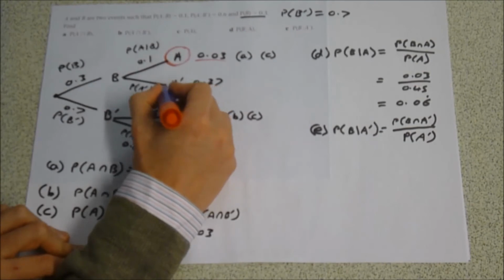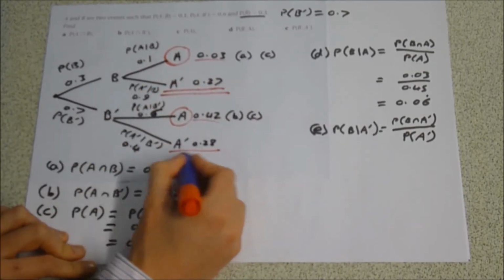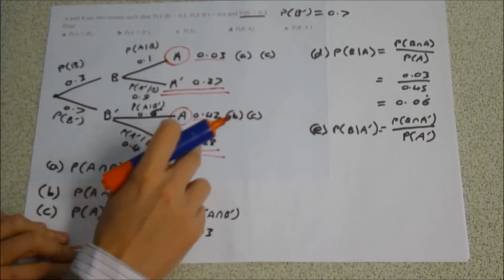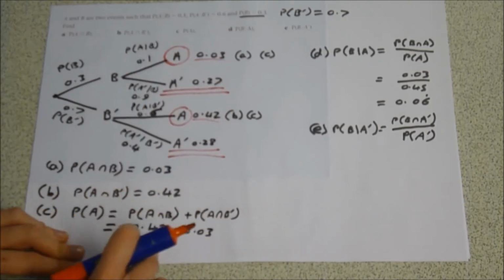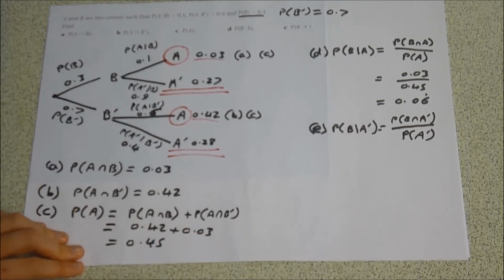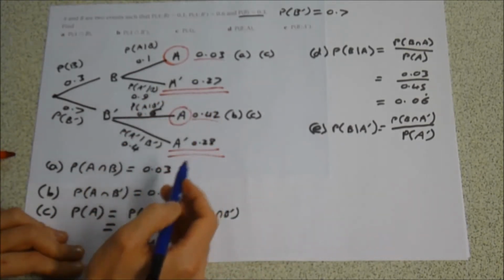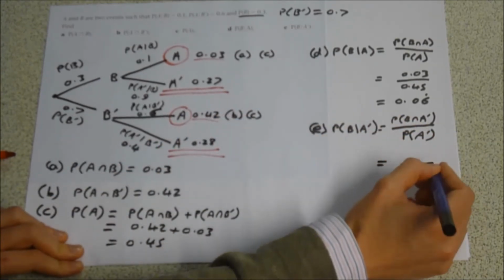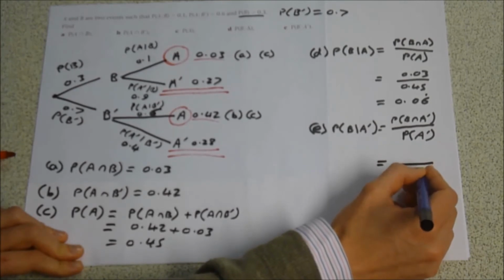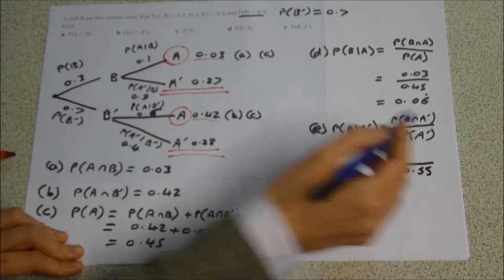Way number one, this is where A complement happens. So similarly to part C, we could just add those two values up. Or we can just say if the probability of A happening is 0.45, the probability of A not happening is 1 minus that. Either way, you would get the probability of A complement to be 0.55. Whether you added those two values or whether you did 1 minus 0.45, you'd get 0.55. So that's probability of A not happening.